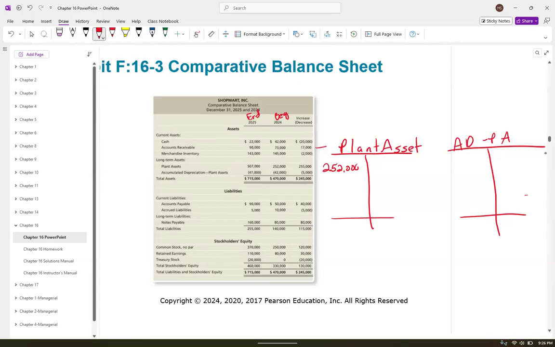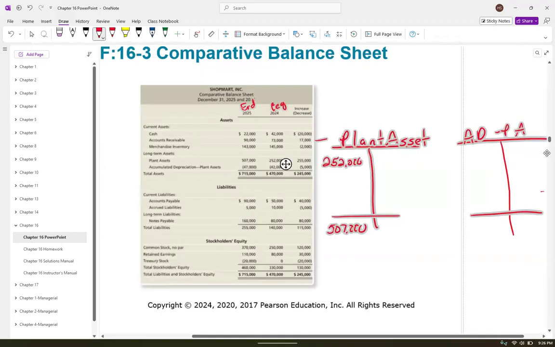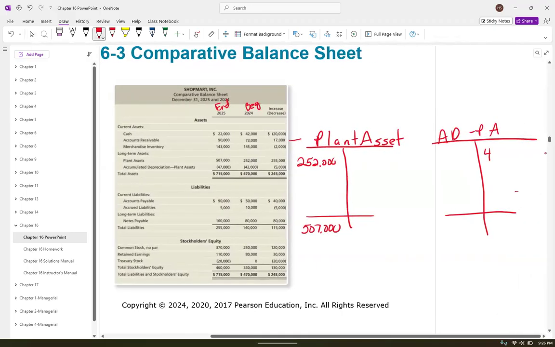And it had an ending of 507. The accumulated depreciation, I'm sorry, started with, is that 42? And it ended with 47. Now we already know what depreciation expense was.